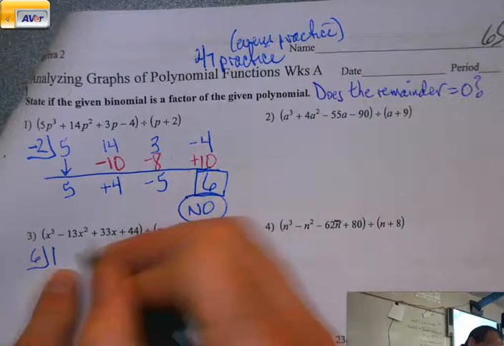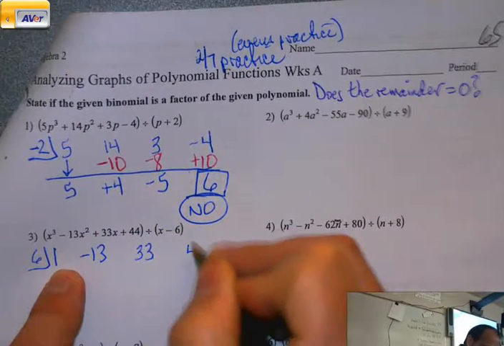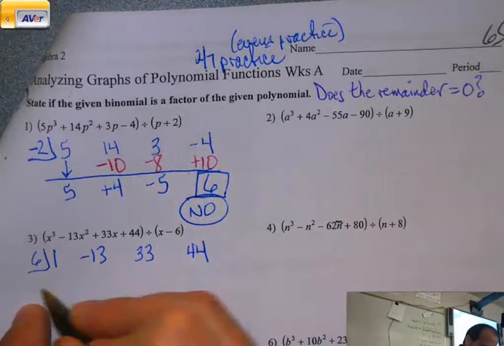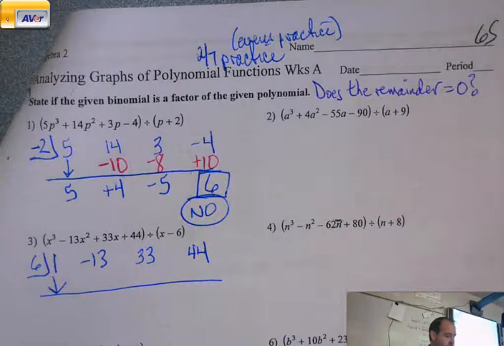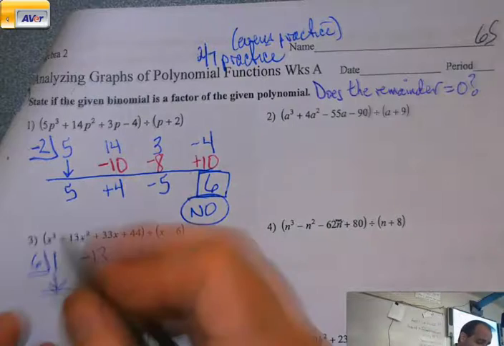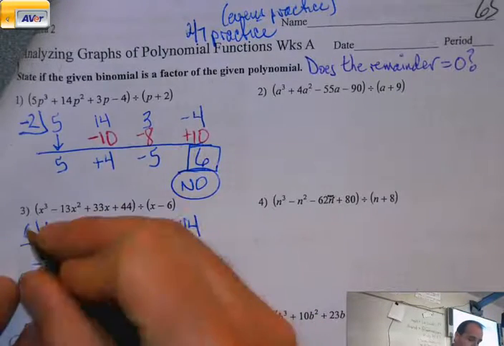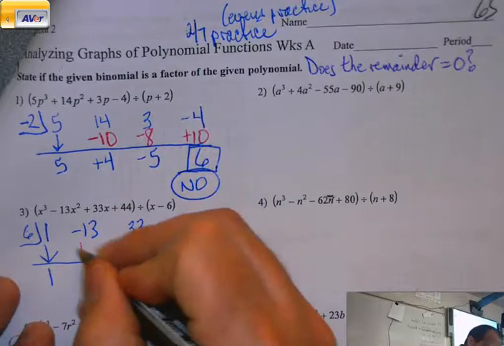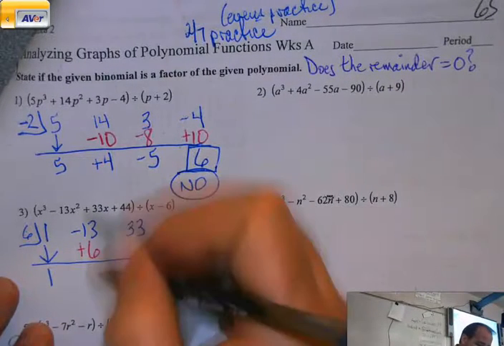Don't ignore it. And we just repeat that process. We pull that first value down, multiply by what's in the box, put that in my next open slot here and add down.